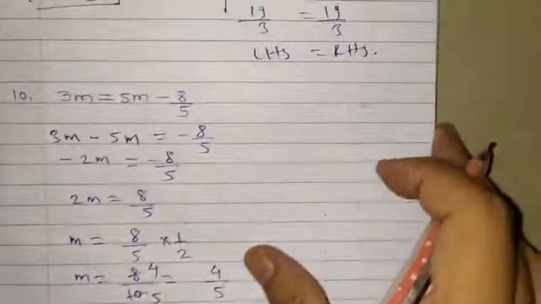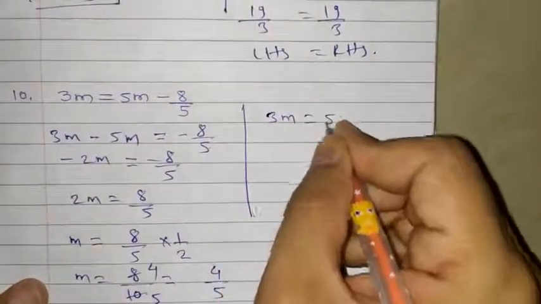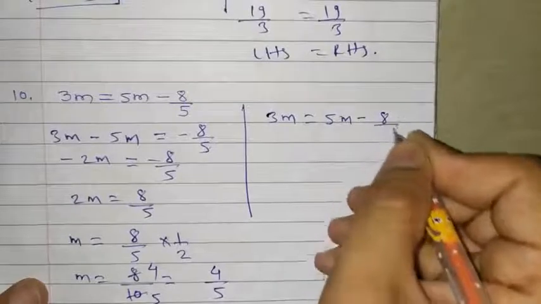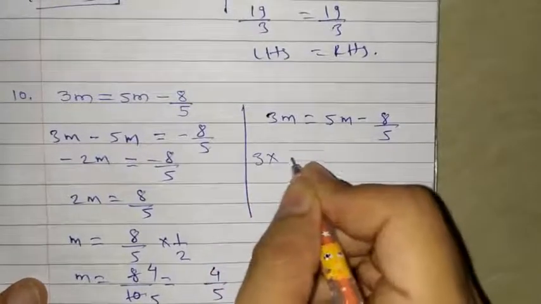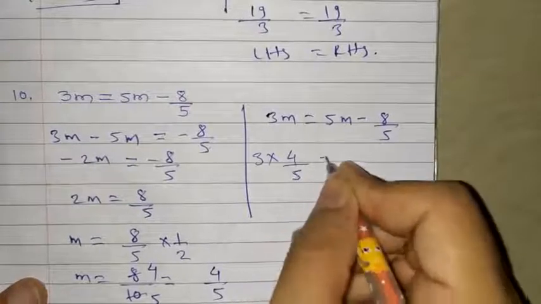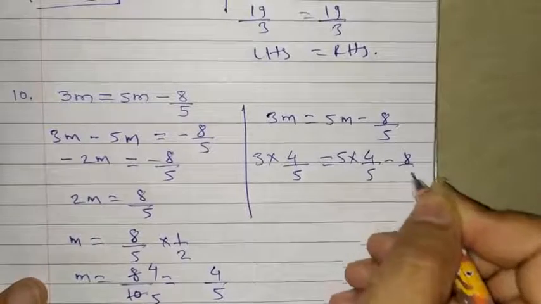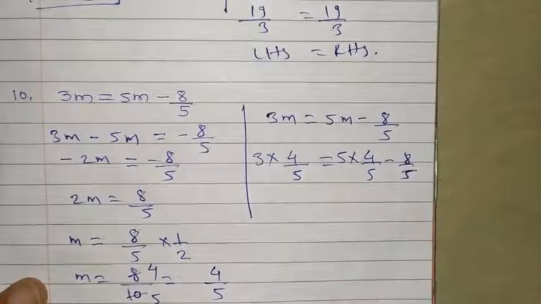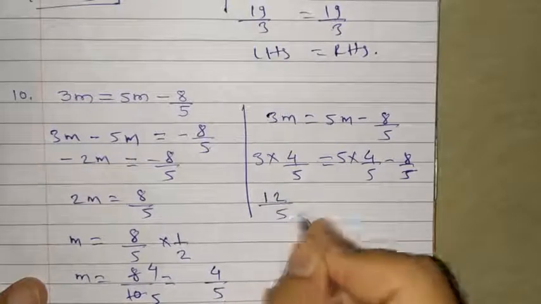Now we will cross check the answer. So it is 3m equal to 5m minus 8 upon 5. M value is 4 upon 5. So 3 into 4 upon 5, 5 into 4 upon 5 minus 8 upon 5. So 3 into 4, 12 upon 5.